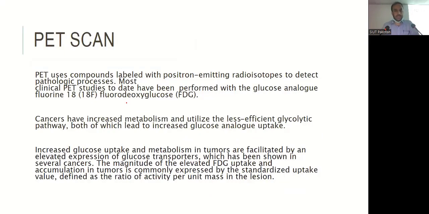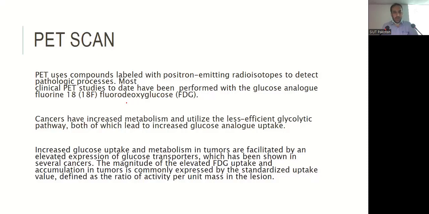So the PET scan. PET uses compounds labeled with positron emitting radioisotopes to detect pathologic processes. Most clinical PET studies to date have been performed with the glucose analog fluorine-18 fluorodeoxyglucose, or FDG. Cancers have increased metabolism and utilize the less efficient glycolytic pathway, both of which lead to increased glucose analog uptake.